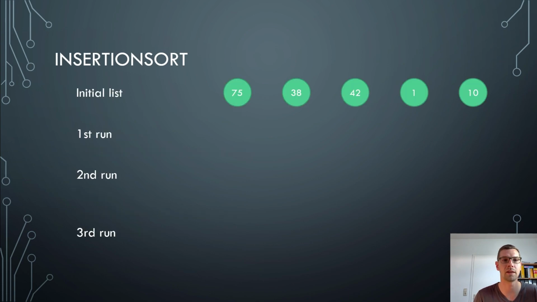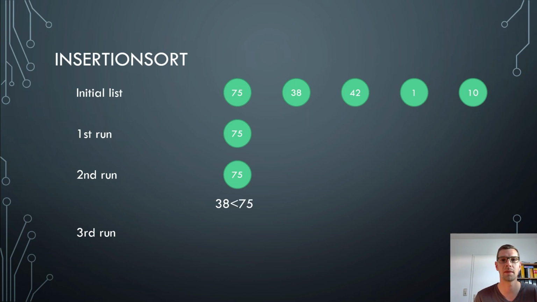Alright, so let's have a look at an example. We have here our initial list, which is 75, 38, 42, 1 and 10. In our first run, our array is empty, so we just insert the first element, that is our 75. In our next run, we have the 75 in it already, and we have to compare now the 38 to the 75.